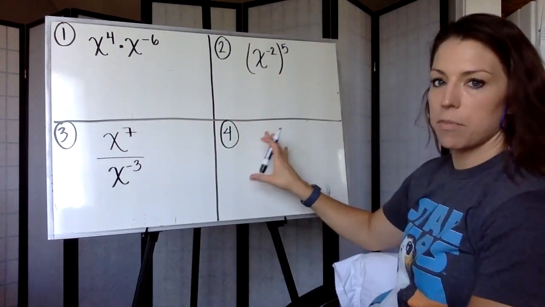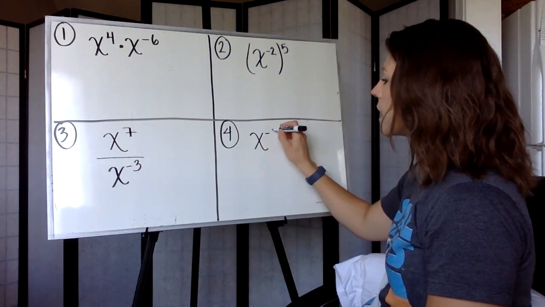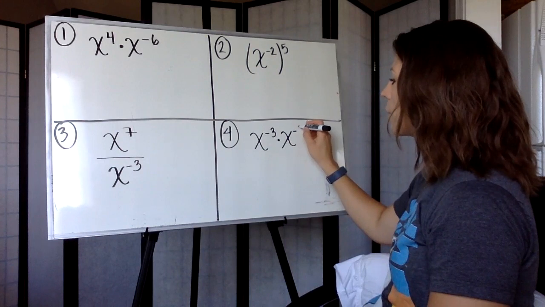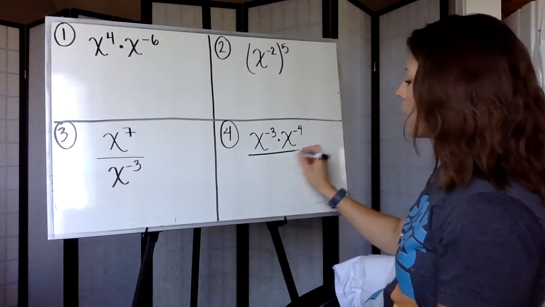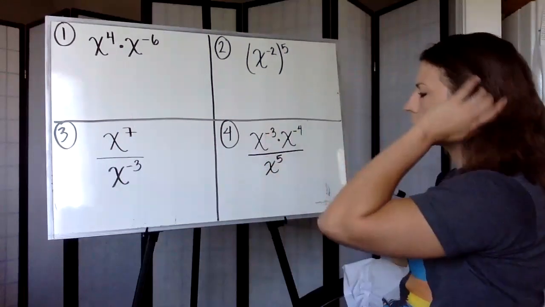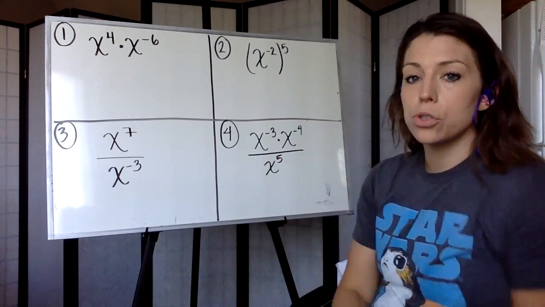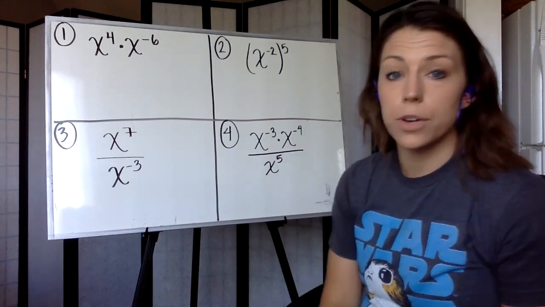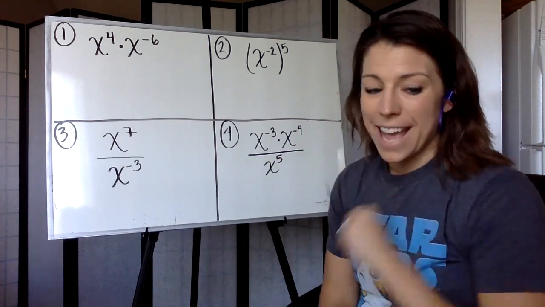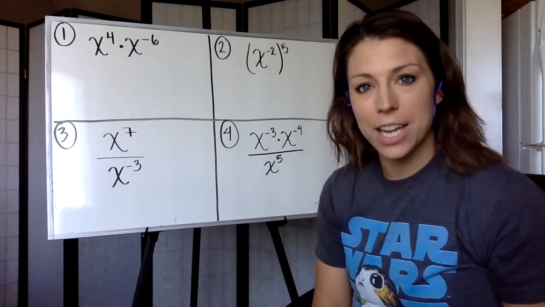So number 4 is going to be our challenge problem: x to the negative 3rd times x to the negative 4th divided by x to the 5th. So if you would like to try these on your own first, go ahead and pause the video now. And if you're looking like, no way, I can't do this on my own, then here we go.